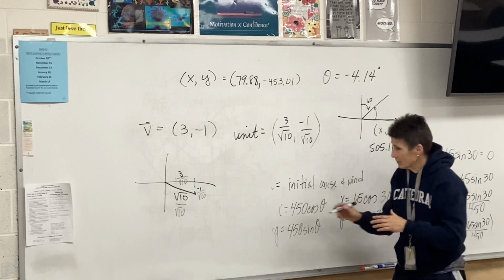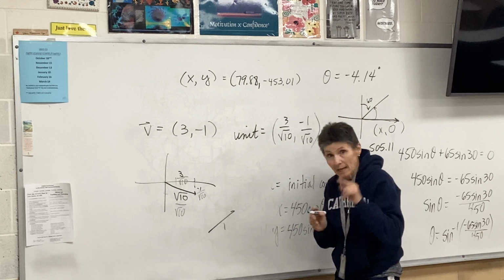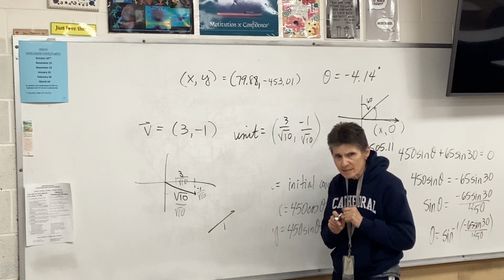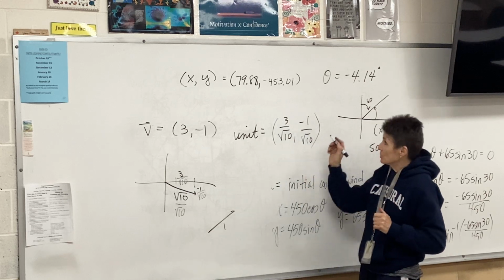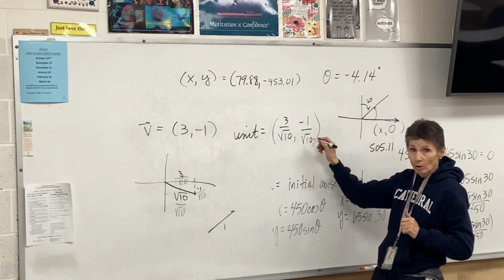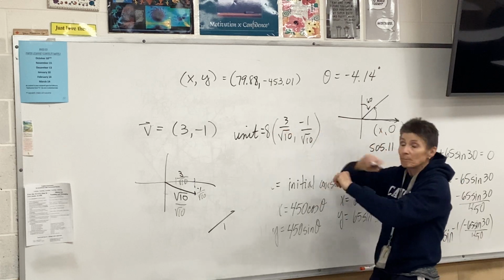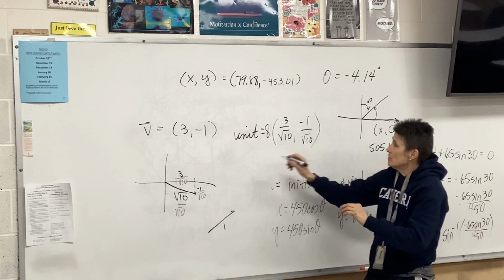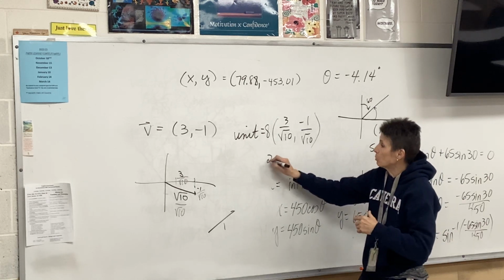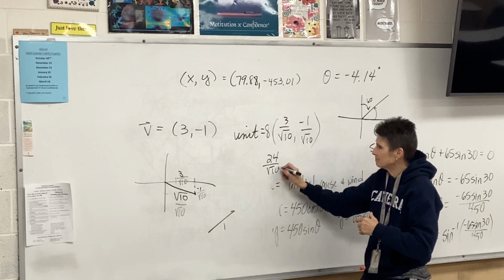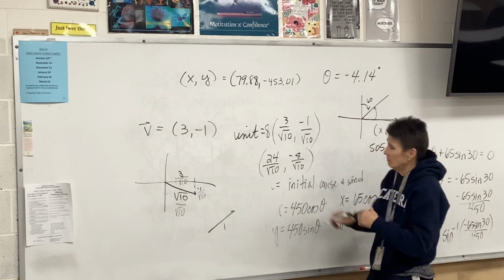If I had a vector whose length is 1, and I want its length to be 8, can I just times it by 8? So the vector whose magnitude is 8 will be 24 over root 10 and negative 8 over root 10.